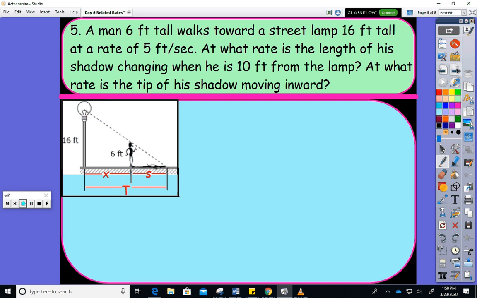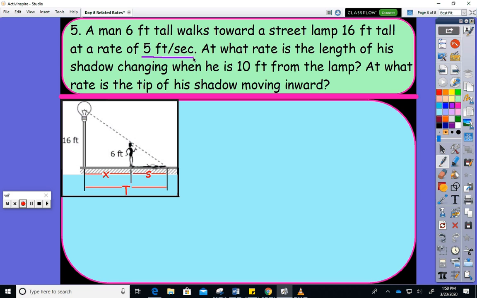So at a rate of 5 feet per second, now wait a minute, I've got to figure out what the 5 feet per second is, because that's definitely a rate. So a man walks toward the street lamp. My picture is facing the wrong way, so we'll say he backs up toward the street lamp. But anyway, the distance from the man to the street lamp is x.